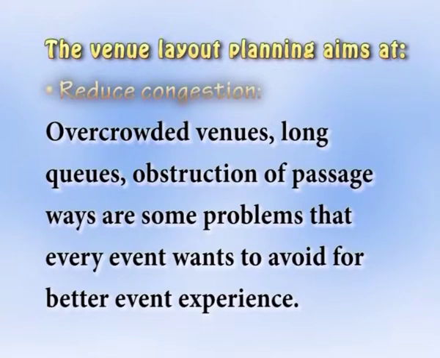Reduce congestion. Overcrowded venues, long queues, and obstruction of passageways are some of the problems that every event wants to avoid for a better event experience. For example, having one buffet table can lead to congestion at one point and create difficulty in serving food.